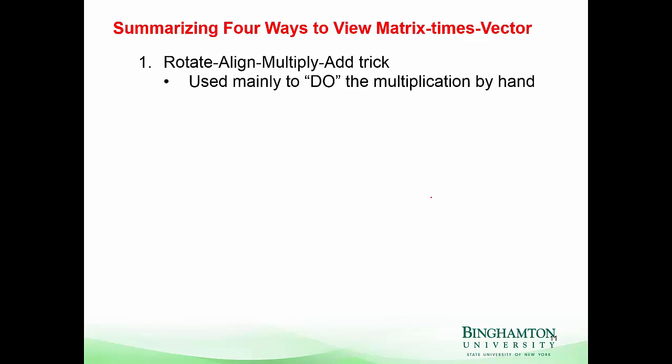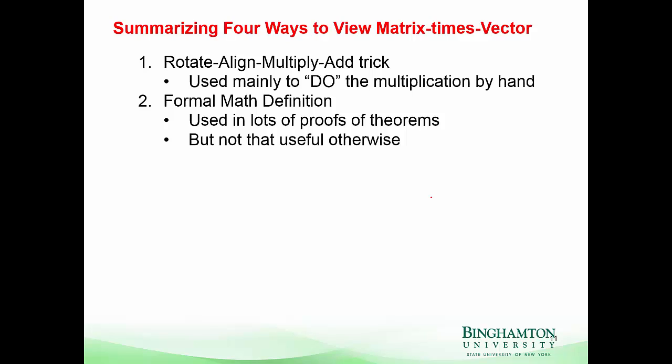So here's our 4 ways that we've had to visualize this. So the first one is the rotate, align, multiply, add trick. That's nothing more than the trick for by hand. Then we had the formal math definition. So that wrote it out in terms of a sum with all sorts of subscripts, i's and j's, and so forth.